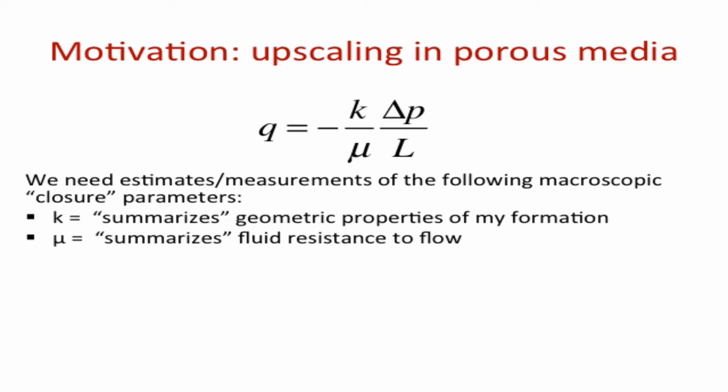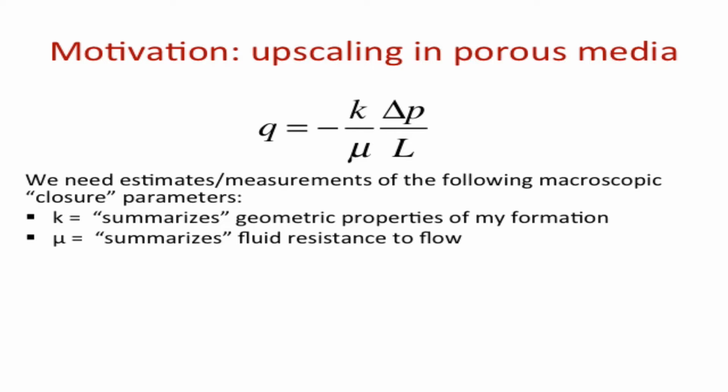I can typically measure the fluid properties as well. They might be just effective properties of a complex fluid, but basically my mu summarizes fluid resistance to flow, whatever that fluid might be. And my K summarizes geometric properties of the formation I'm flowing through.